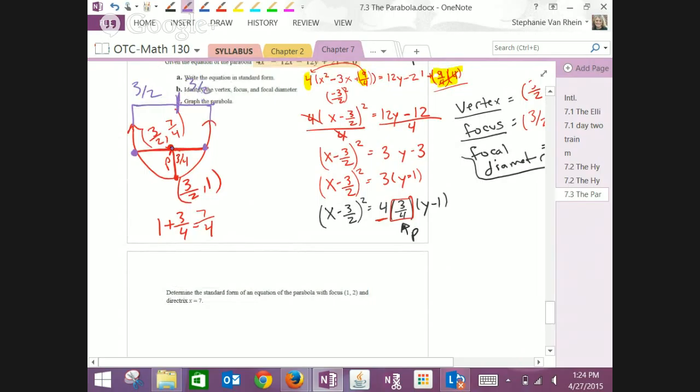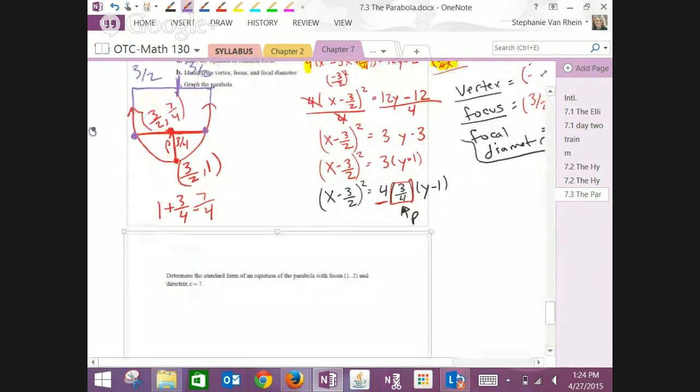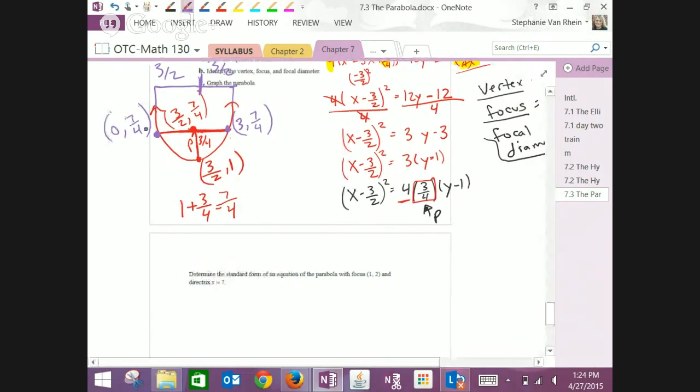So if I'm at x equals 3 over 2 and I subtract 3 over 2, I'm at 0, comma, 7 over 4. 7 over 4 doesn't change. The y component on this line is always 7 over 4. If I'm at 3 over 2 and I add 3 over 2, that gives me 6 over 2, which is 3, comma, 7 over 4. So it didn't ask for the endpoints, but they're easy enough to find once you know the focal diameter.